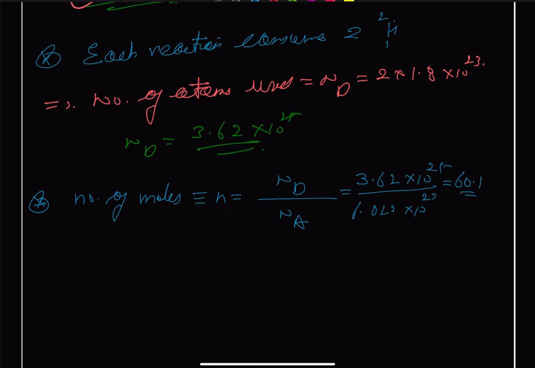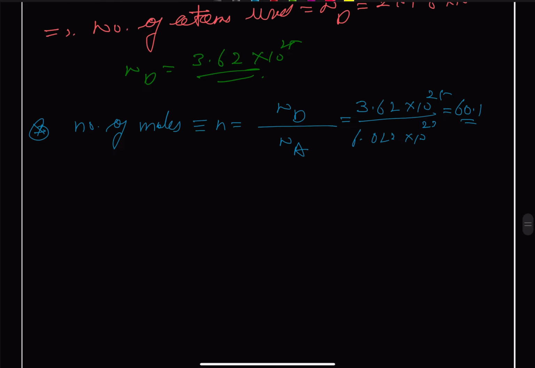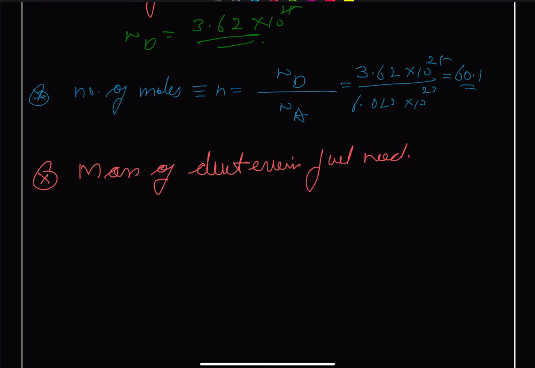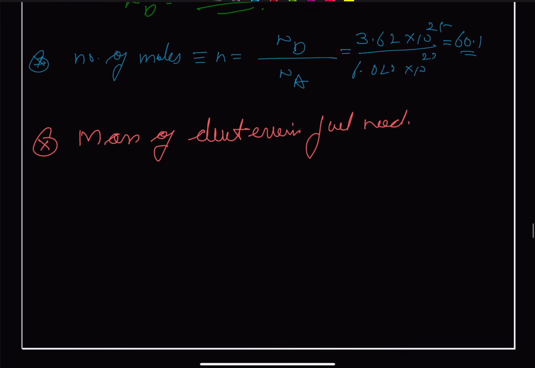Now we can find the mass of deuterium used. The mass of deuterium fuel needed, let us suppose that is given as small m, will be equal to number of moles times molar mass of the deuterium.